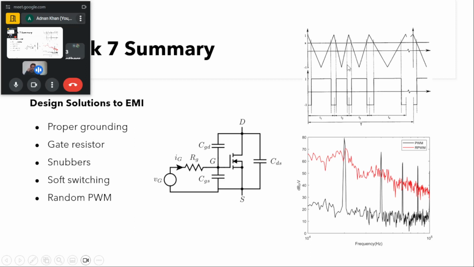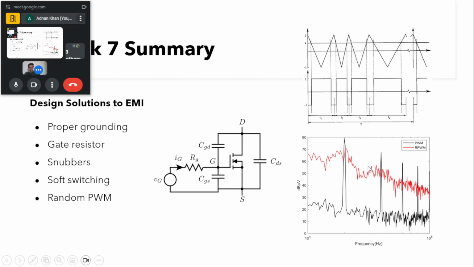But if we have the distributed or random PWM, where no such pulses are getting generated repetitively, then this noise may get distributed and may not be concentrated at a particular frequency level, and as such there may not be this sort of a peak in this random PWM.